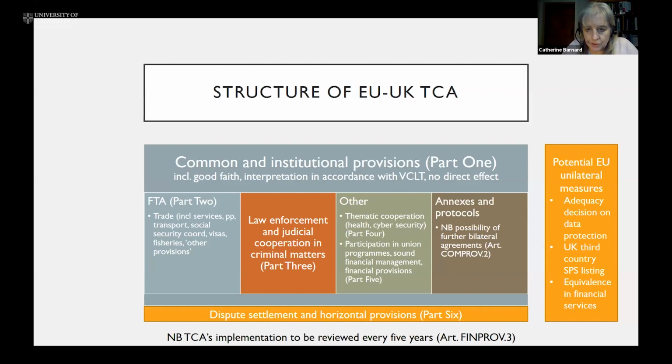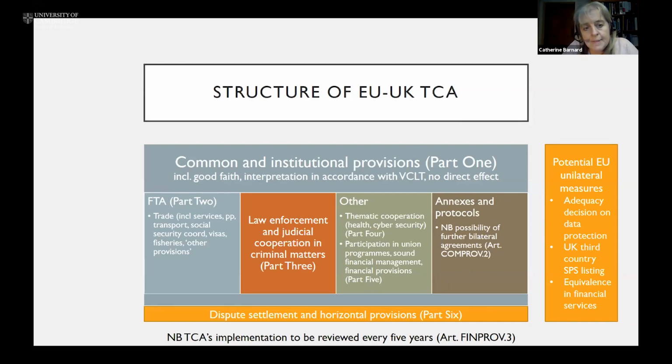A couple of points I want to draw to your attention. First of all, this treaty is drafted as a sort of baseline with a view that it can be improved upon. And there's lots of references to the fact that further bilateral agreements might be concluded. But crucially, they will all fit within this broader institutional architecture.